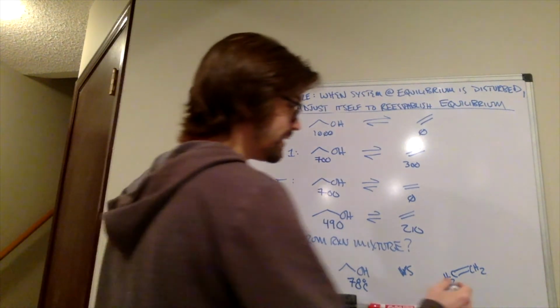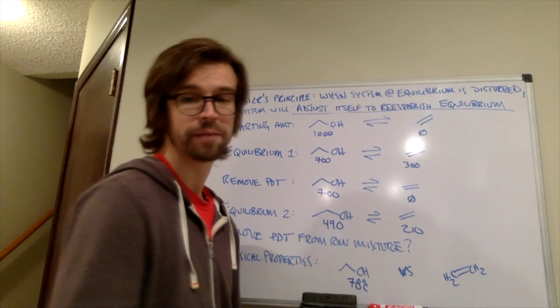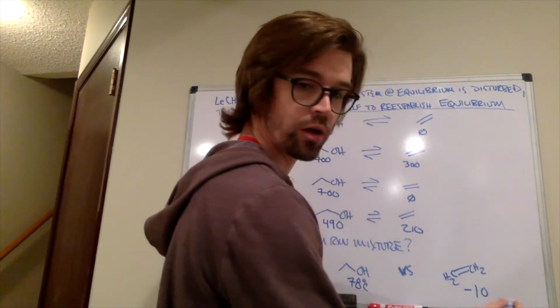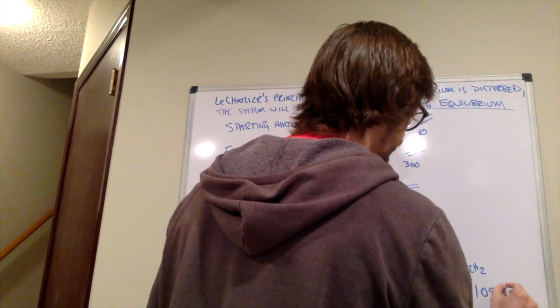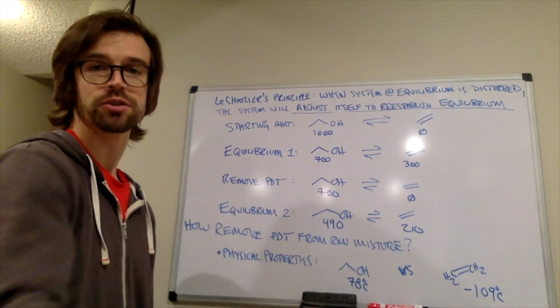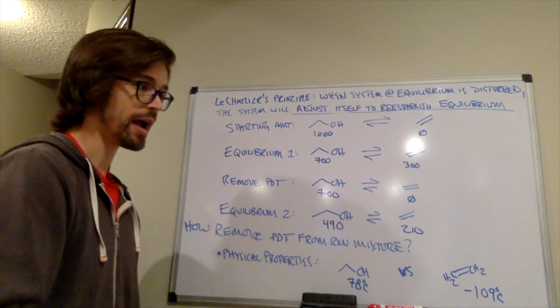Ethylene, ethylene's the common name, ethene is the IUPAC name, has a boiling point of negative 109 degrees Celsius. So essentially, if we were doing this reaction to push it to completion, all we would have to do is just heat the reaction.